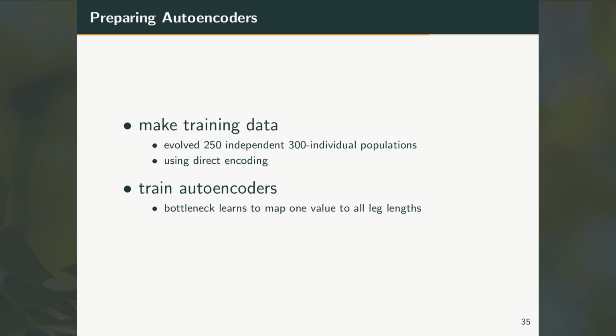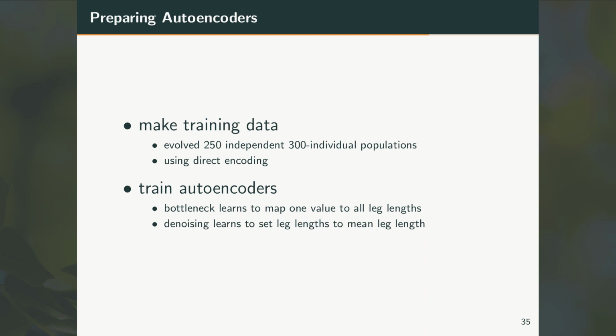And basically what's going on here intuitively is the bottleneck autoencoder learning to map all one value to all the leg lengths, right? Because the local fitness peaks are all level tables, and so it's basically figured out that it's only seeing level tables, so it can just represent all the leg lengths of a table with just a single height value, basically.